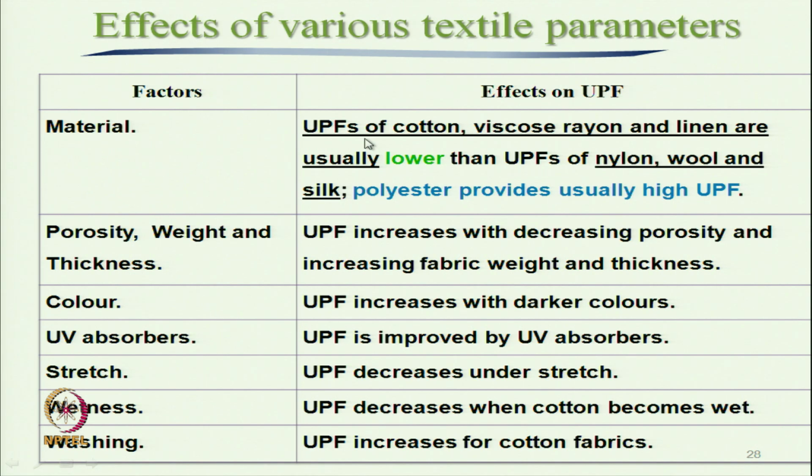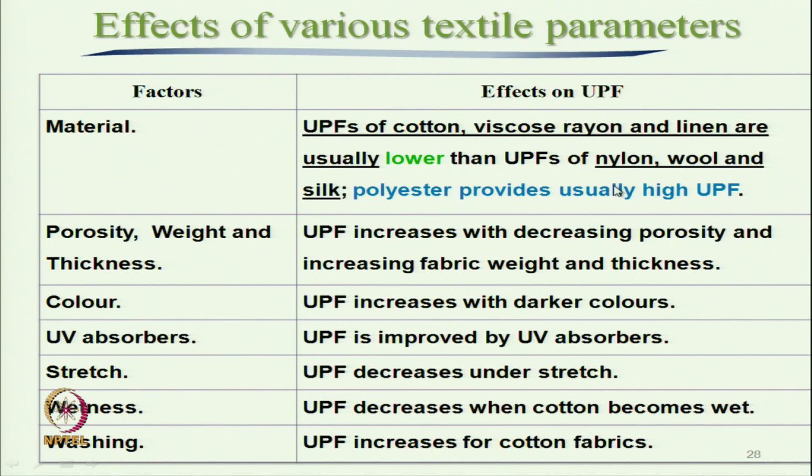If we see the UPF of cotton, viscose and linen, these fibers give lower UPF than the synthetic fibers like nylon and polyester. Wool and silk, these protein fibers, give higher UPF than the cellulosic fibers. Polyester usually provides high UPF.